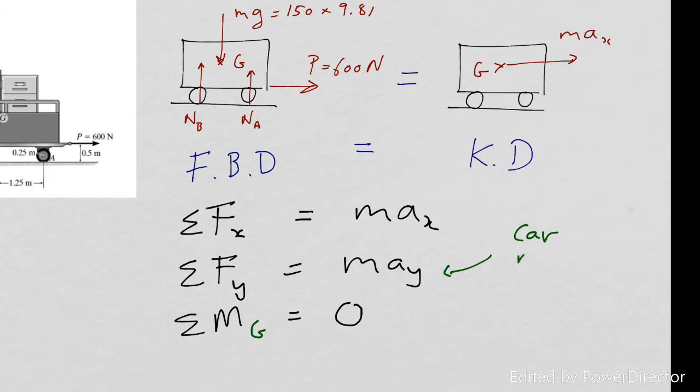So on our y direction, we know that the car is not moving or going up. If it's not going up, then our ay will be 0, and that will make the whole kinetic diagram on the y direction become 0.